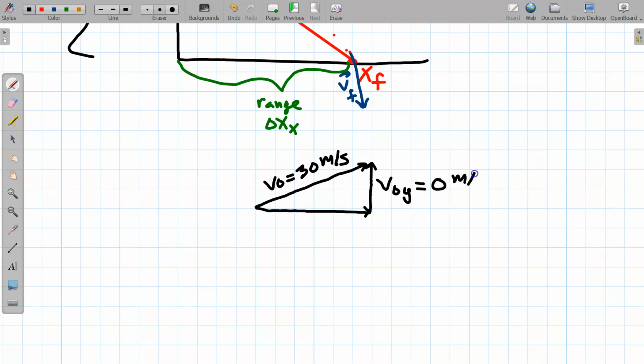It's a horizontal launch, and so in the x direction at the start, 100% is equal to the x motion. Now if it's a horizontal launch, theta equals 0, and you can do the sine and cosine to get those values, but you don't really need to in this case.